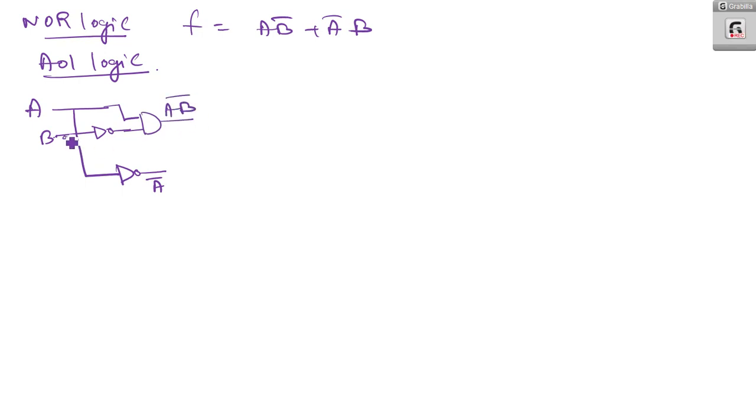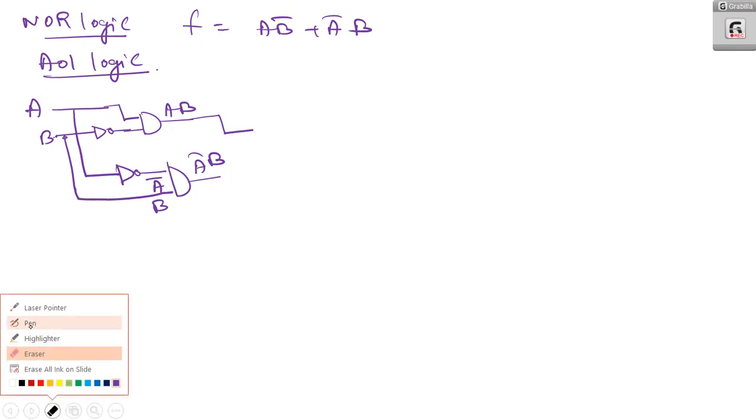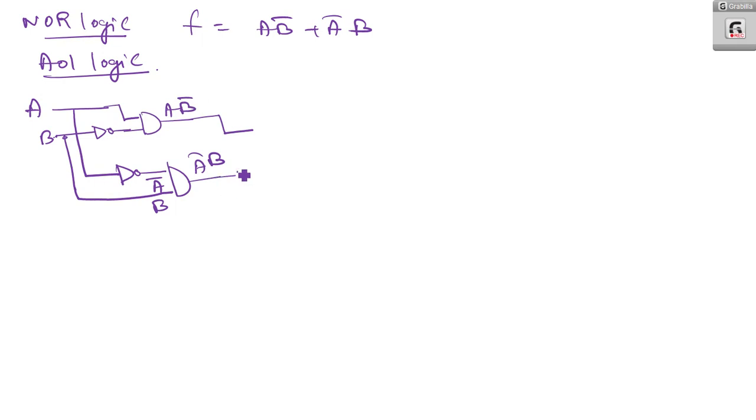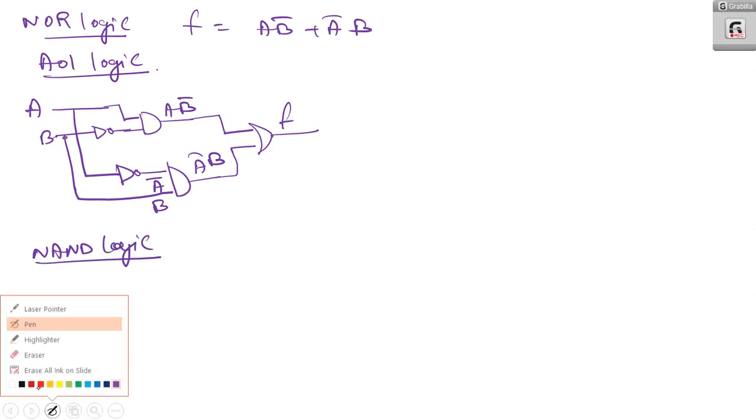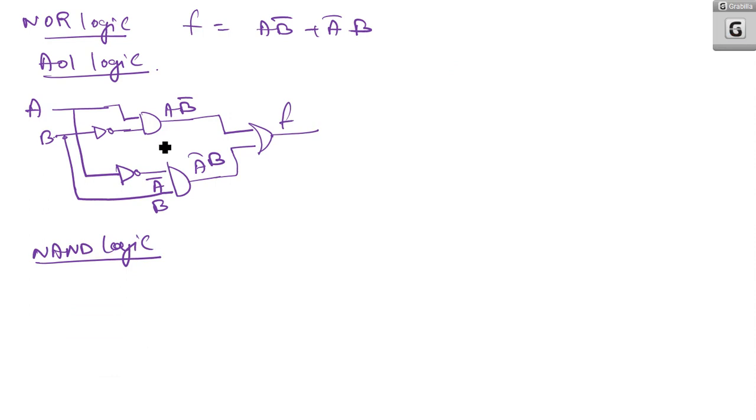Then if I am having B here, what I have is A bar B. I am ORing it, so we'll get F. To develop the NOR logic, what is the first step? Make AND as bubbled AND, and make OR as NOR gates.